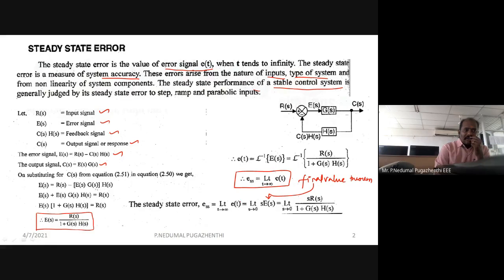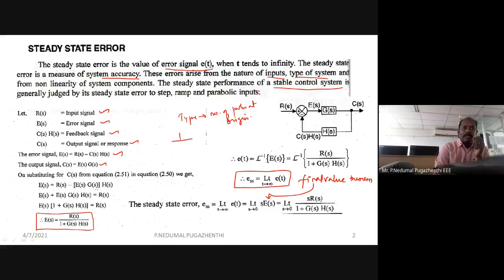So your steady state error is influenced by the applied input and the system type. Already we know what is a type. Type depends upon the number of poles at origin.